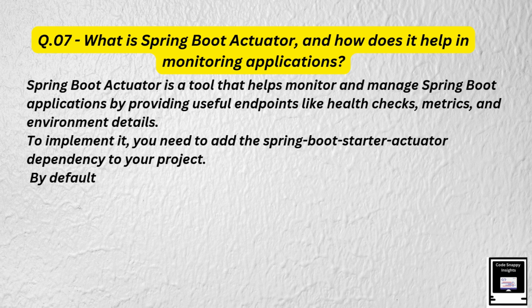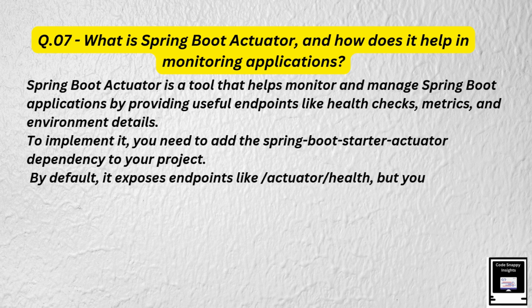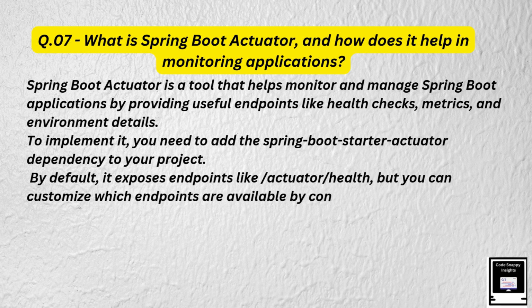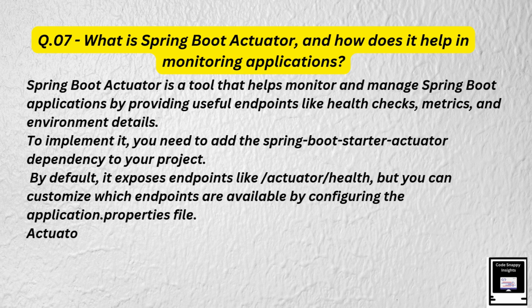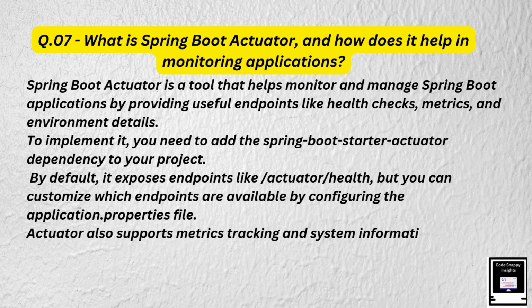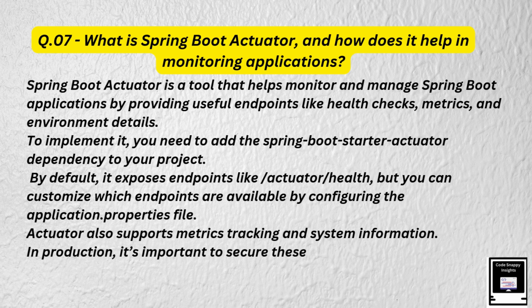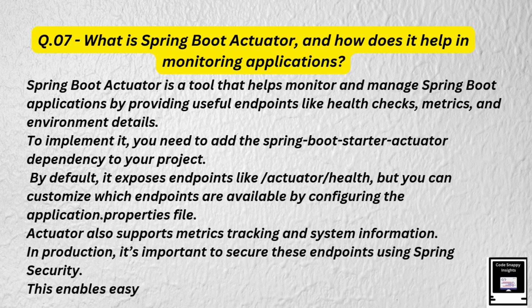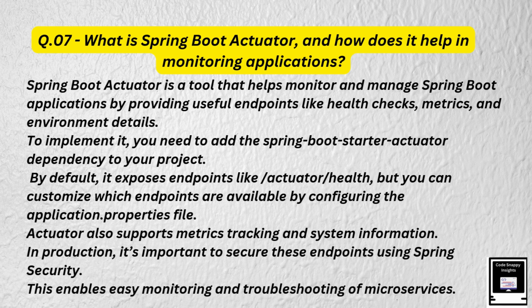By default, it exposes endpoints like /actuator/health, but you can customize which endpoints are available by configuring the application.properties file. Actuator also supports metrics tracking and system information. In production, it is very important to secure these endpoints by using Spring Security. This enables easy monitoring and troubleshooting of microservices.